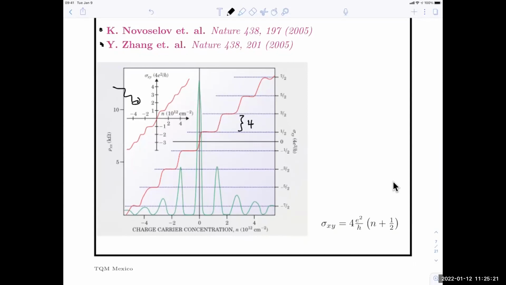So that's the SU4 symmetry. In fact, the equation which describes the steps is down here, the Hall conductivity on the steps. The other thing is that this step here goes across zero density, the charge neutrality point. In other words, charge neutral graphene is halfway up a step, or in the middle of 2 steps, I should say.